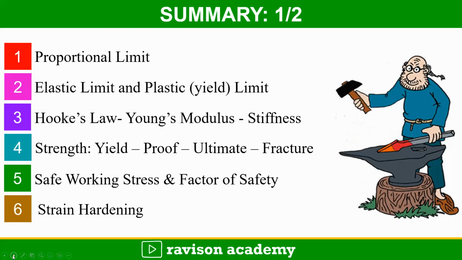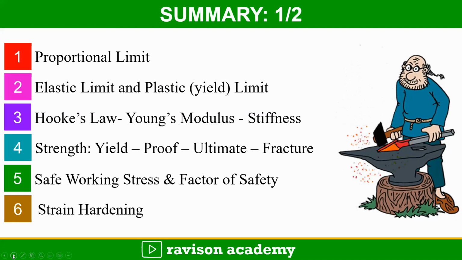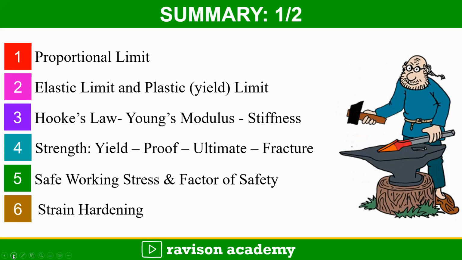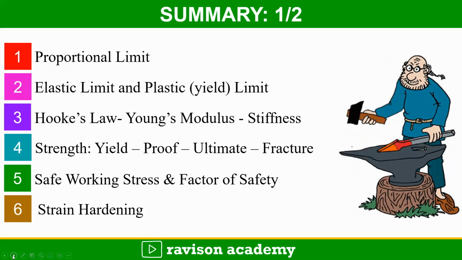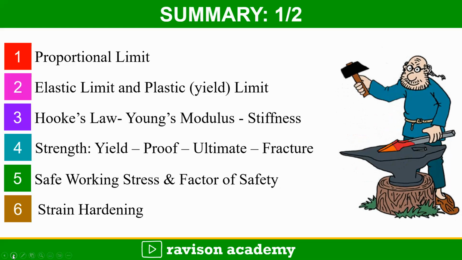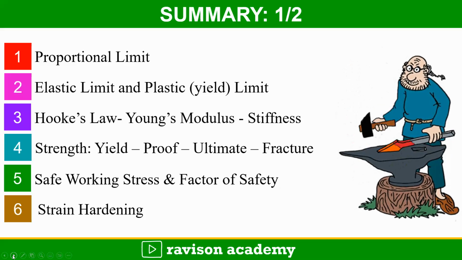In this lecture, we have seen what is proportional limit, what is elastic and plastic limit, Hooke's law, Young's modulus, stiffness. In strength, we have seen yield strength, proof strength, ultimate tensile strength, and finally the fracture strength. And we have seen safe working stress, factor of safety and strain hardening.